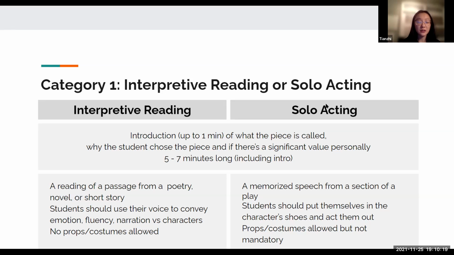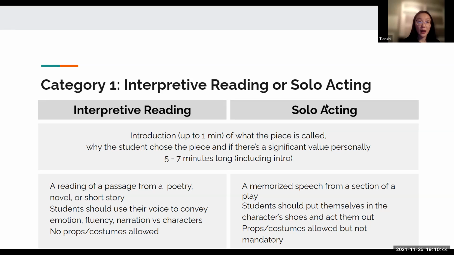Alternatively, for solo acting, this is going to be a little bit different because solo acting is basically some kind of a memorized speech. It could be a memorized monologue from a play of some sort. So you could do Shakespeare, let's say you're doing Macbeth, that is allowed. You're basically memorizing something from the play and then acting that out as if you were that character.